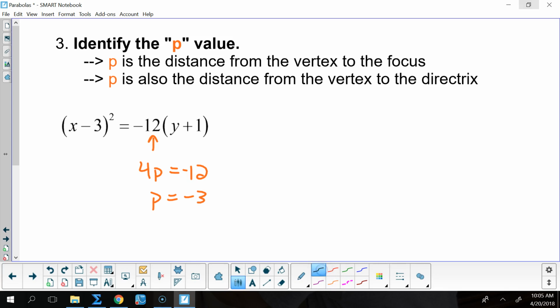So, let's back up 2 steps. First, which way does this parabola open? Y down. And the negative coefficient, right? So this one opens down. Where is the vertex of this parabola?